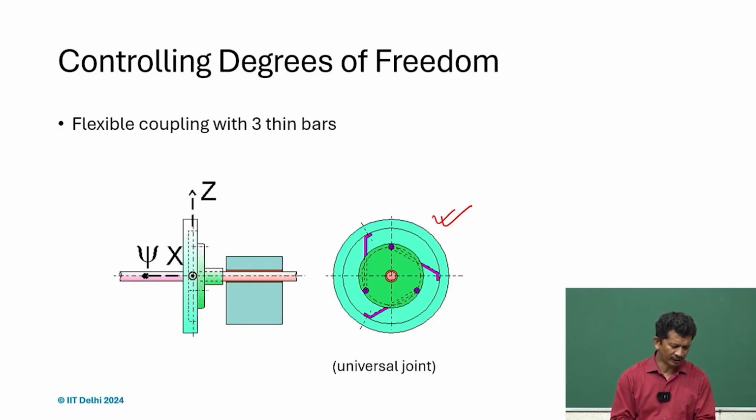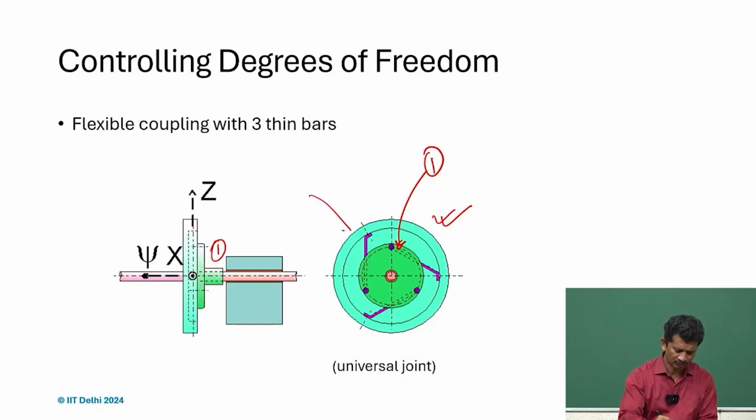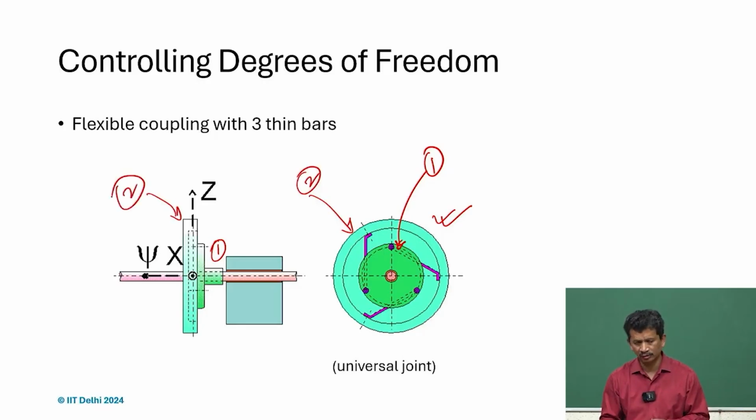So, what you see here is you have an inner piece which is connected to this side, and then you have the outer one. So, it is more like 2 discs. You have the smaller one, and then you have the bigger one.